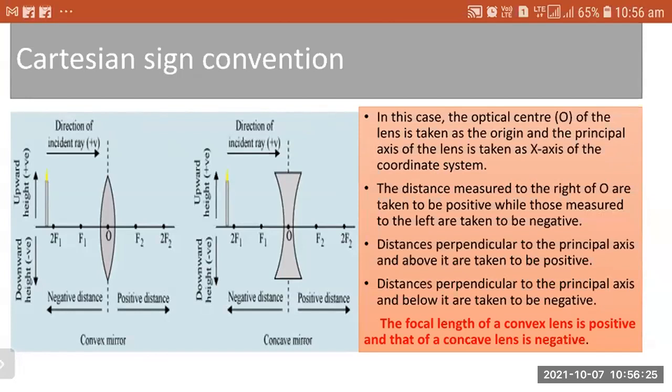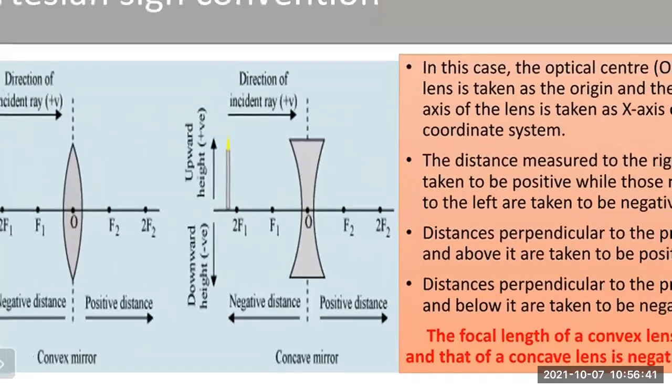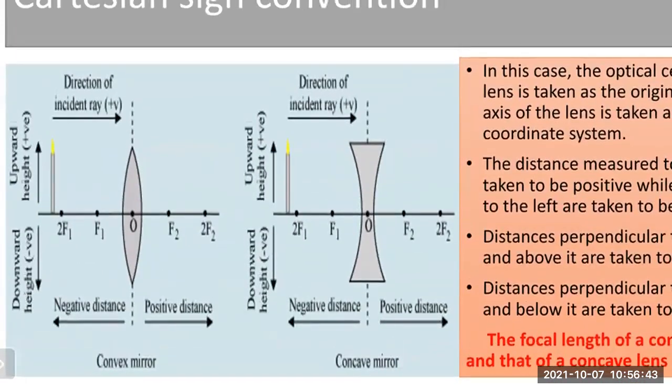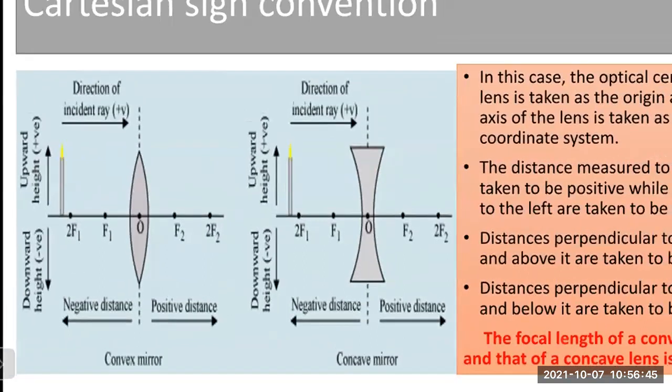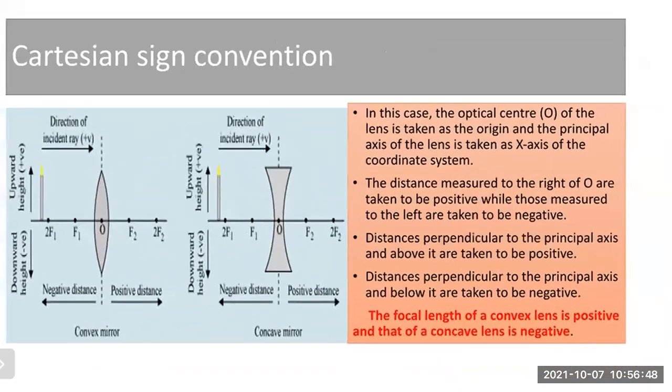Upward height from the principal axis is positive, downward height from the principal axis is negative. If you study this diagram properly, you will remember it very clearly. And the focal length of a convex lens is positive, and that of a concave lens is negative. Remember this.